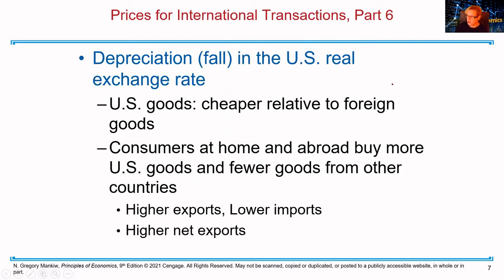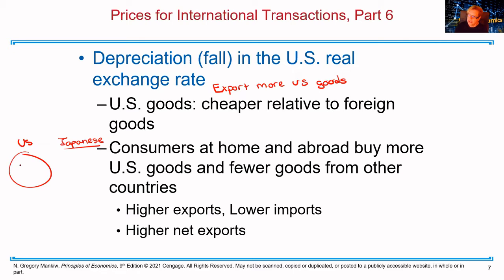A depreciation in the real exchange rate means that US goods become cheaper. What does that mean? It means we're going to export more. If we're looking at the difference between the US good and the Japanese good, that Japanese good is going to seem quite expensive to us, so we're going to buy here at home.